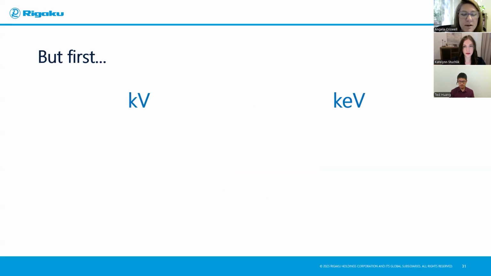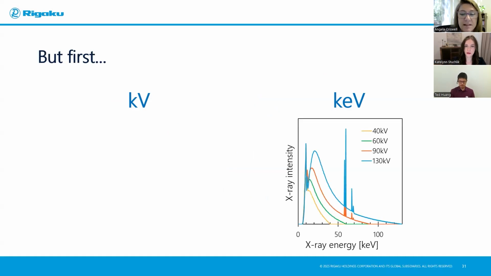Another thing I want to mention, just for clarification, is that we're going to talk about kV and we're going to talk about keV. The difference between those, if you need a quick recap, is that keV refers to the energy of the X-rays that we use, and kV in this case refers to the source applied voltage that we use. So for a 40 kV setting, we get a distribution of energies shown there in yellow, and likewise for other kV settings.